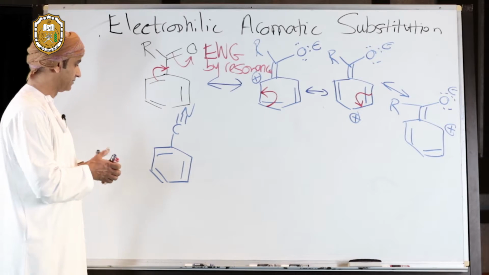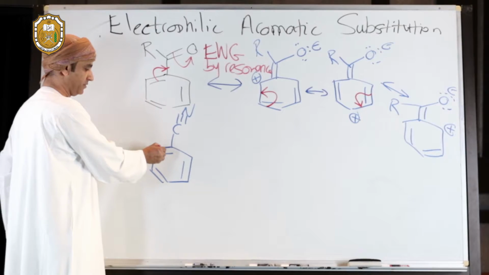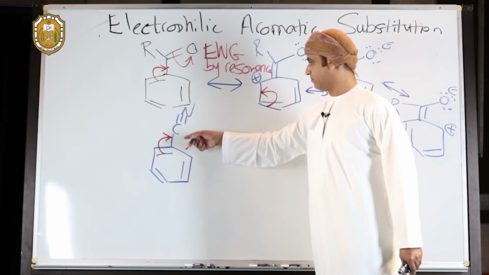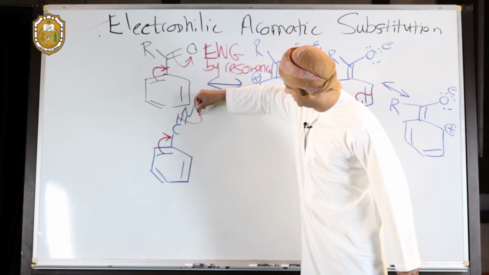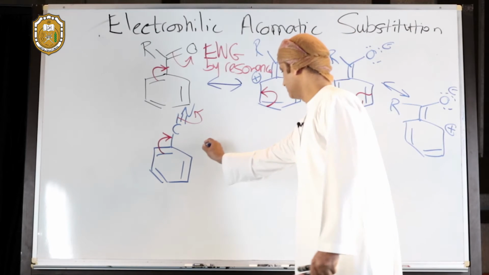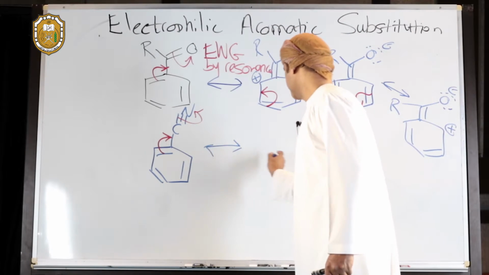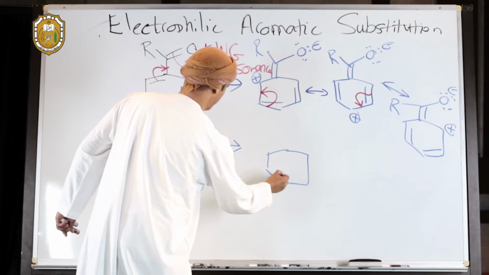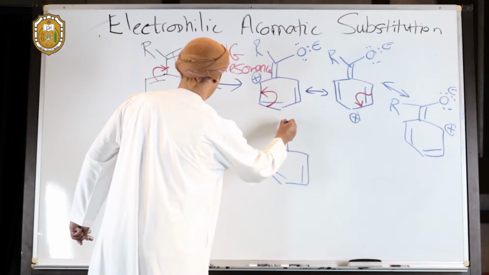So how does it do that? Well, we do exactly what we did before. So you break that carbon-carbon double bond, you make a double bond here, and as a result, one of these pi bonds is broken. If we do that, then we get something like this.